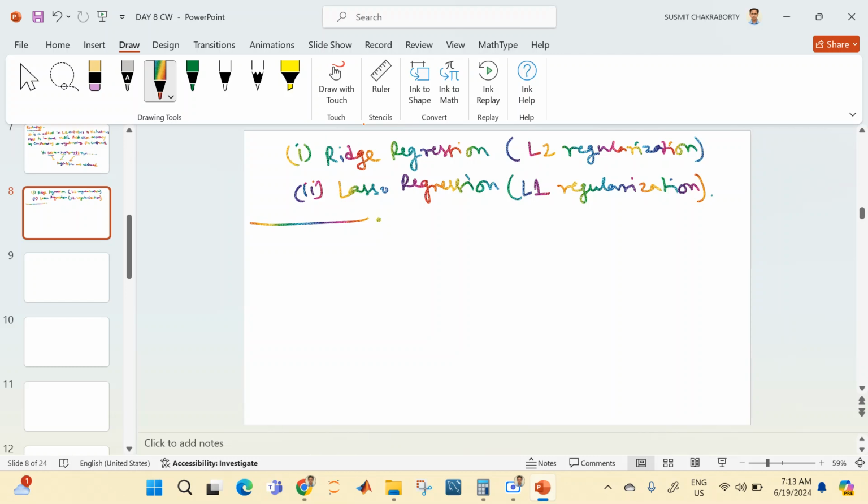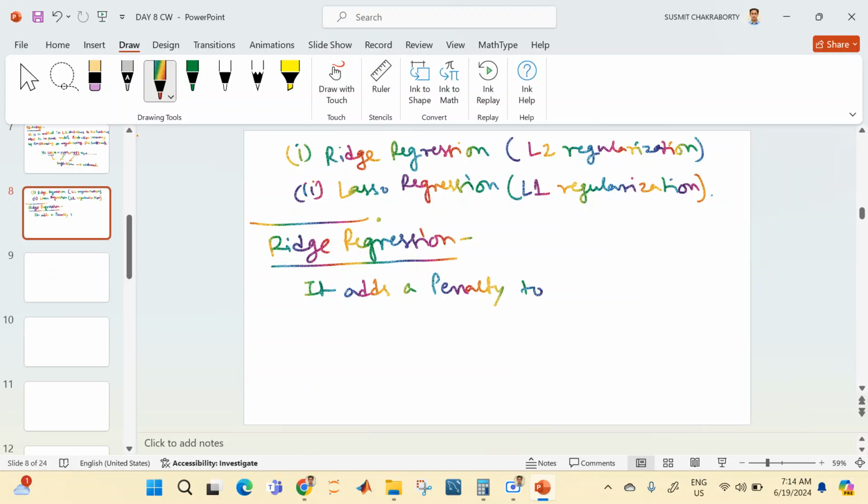Ridge regression adds a penalty equal to the sum of squared coefficients to the loss function.